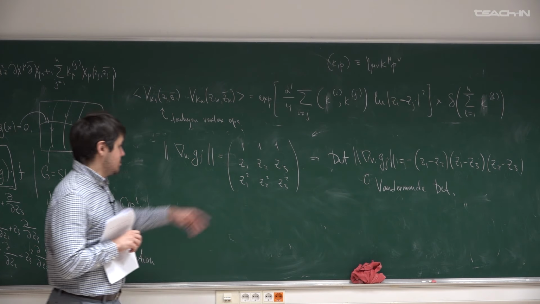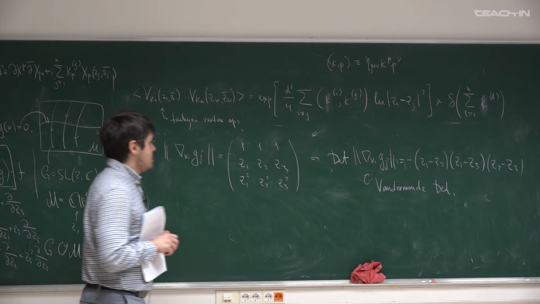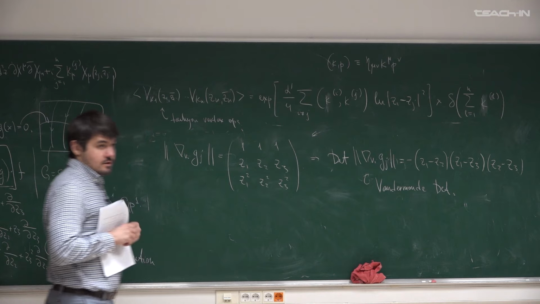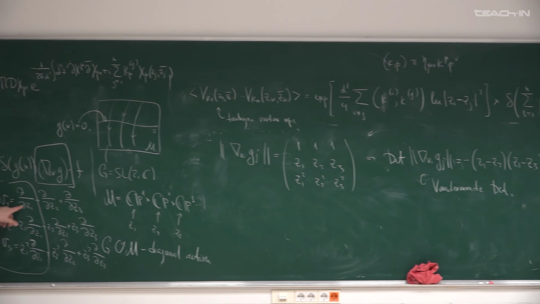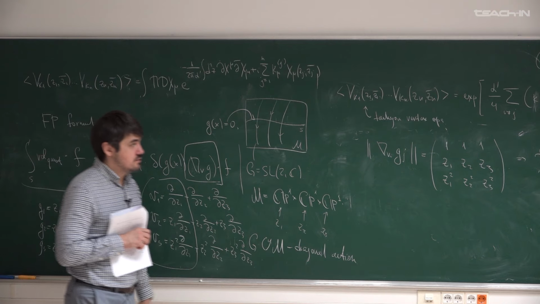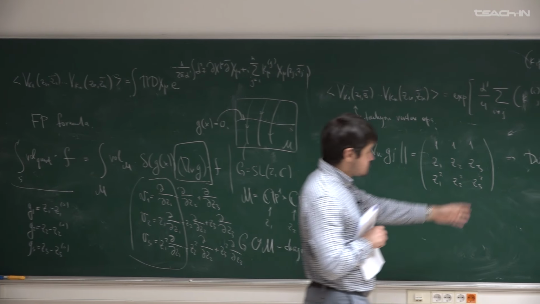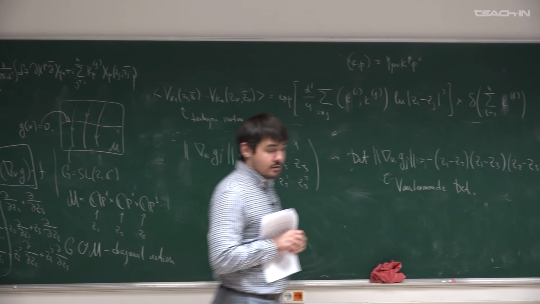A Vandermonde determinant is a determinant of a matrix of powers like this. So it's always of that form. And well, you also have the complex conjugate conditions. So you have SL2 acting on Z's and on Z bars equivalently, right? So you also have that thing will enter. There will be a complex conjugate expression multiplying this.